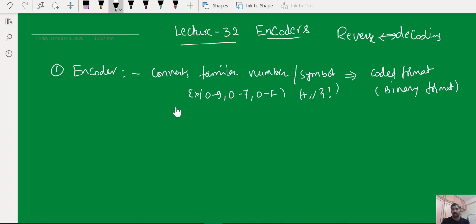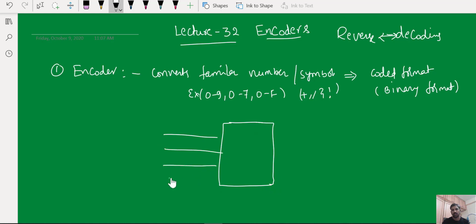Encoders convert your numbers, like octal numbers or decimal numbers or hexadecimal numbers, into a binary format. The moment you press a particular decimal number or octal number, the equivalent binary number will be displayed at the output side. So your encoder will have 2 power n inputs and n outputs.